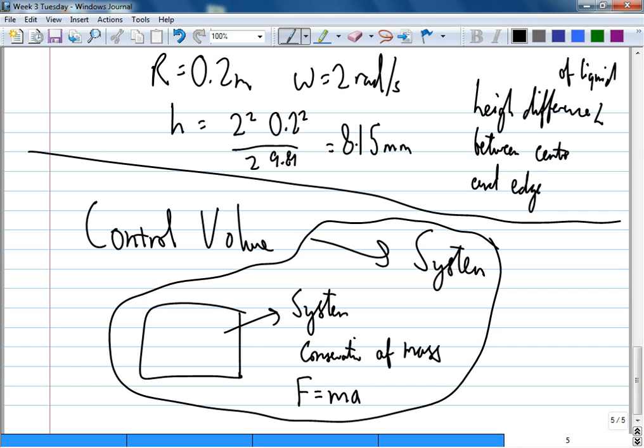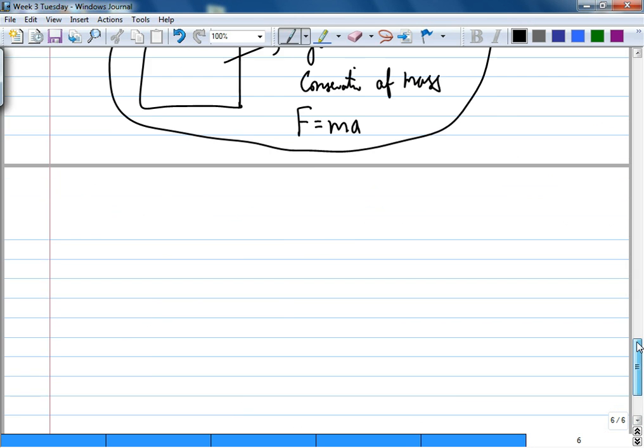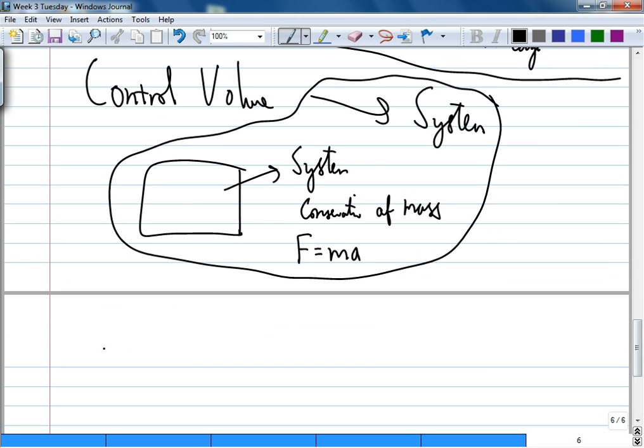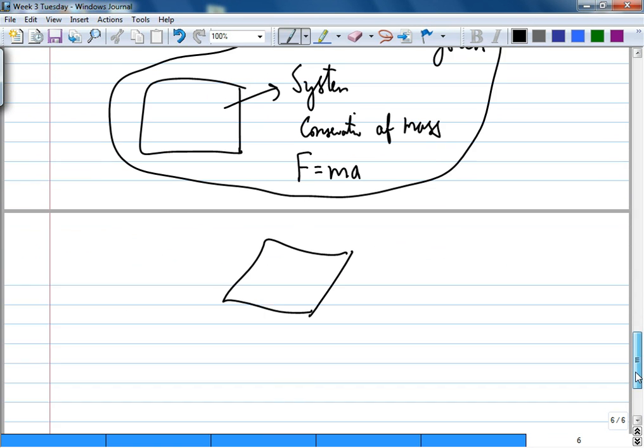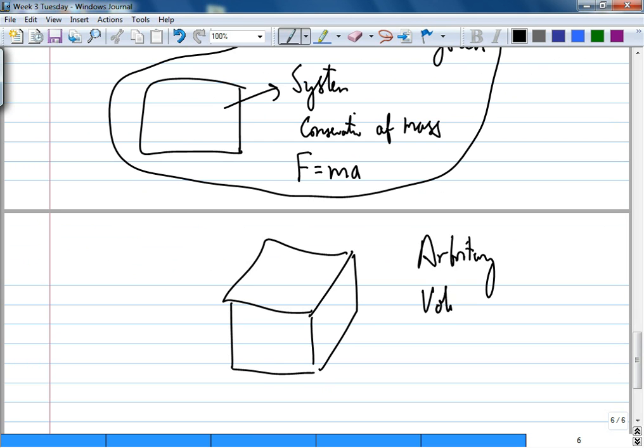So that's why we come to the concept of control volume. A control volume is an arbitrary volume, just a box. It can be any shape, it doesn't have to be a box. Normally the surfaces are called control surfaces.